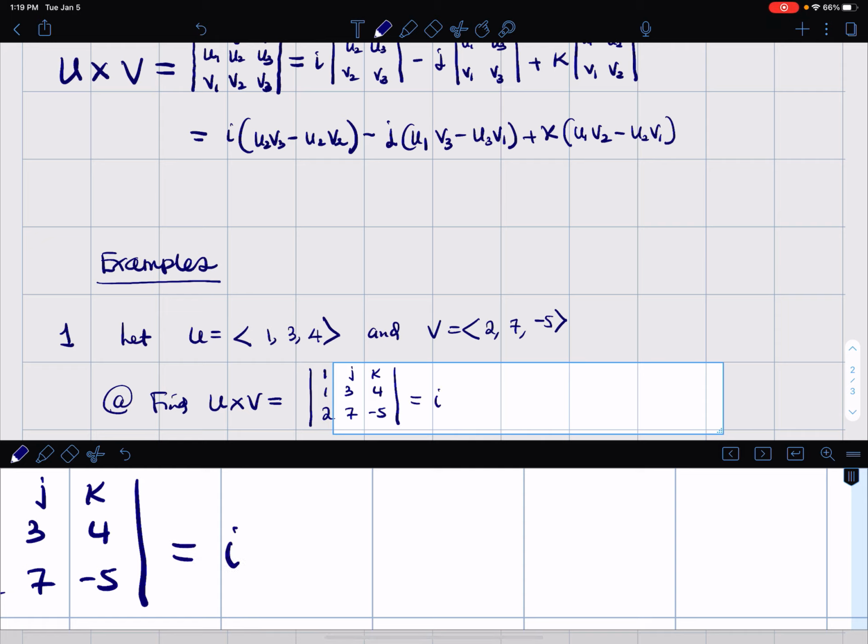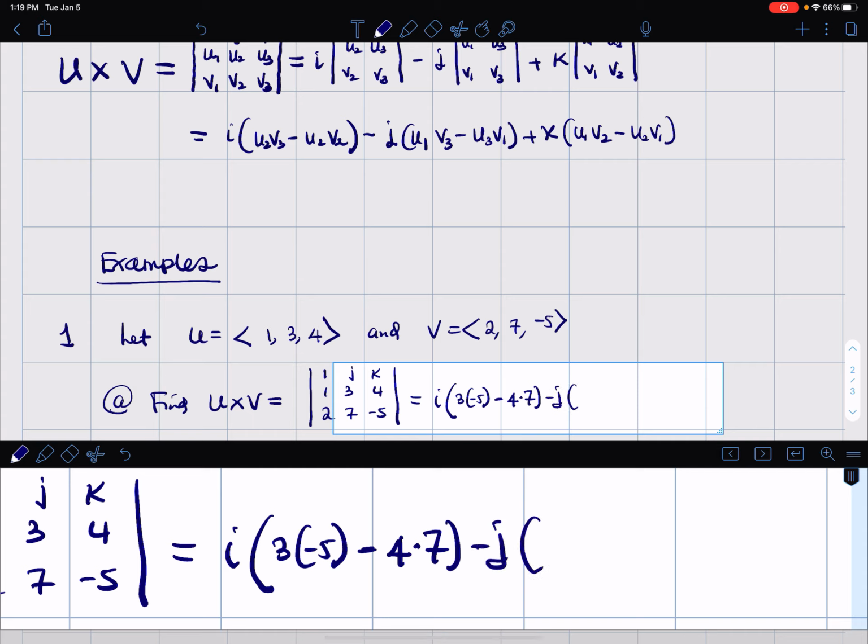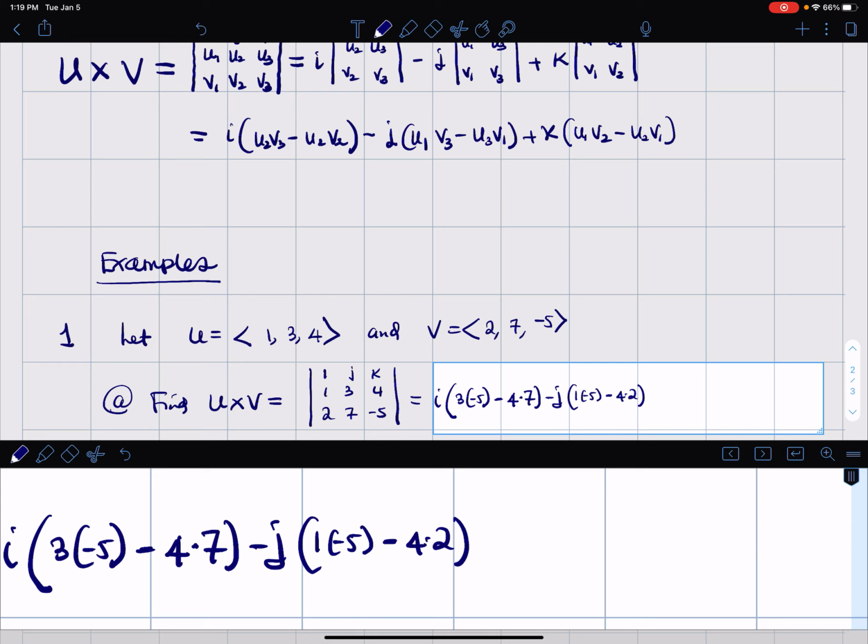So we get i times (3 times negative 5 minus 4 times 7), minus j times (1 times negative 5 minus 4 times 2), plus k times (1 times 7 minus 3 times 2).